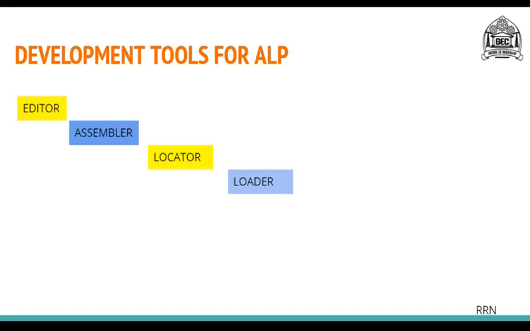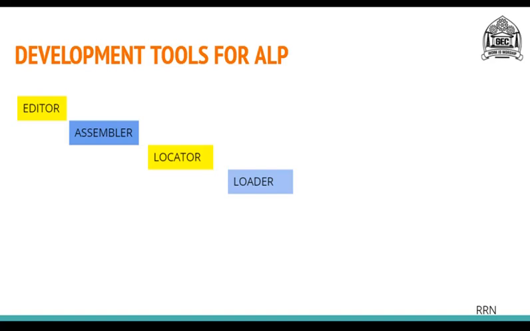The next development tool, students, is the loader. Now, the locator is used to give a specific memory address to your machine code, and the loader is a program which finally loads your object code into the memory location which is provided by your locator. The loader can accept different types of programs.